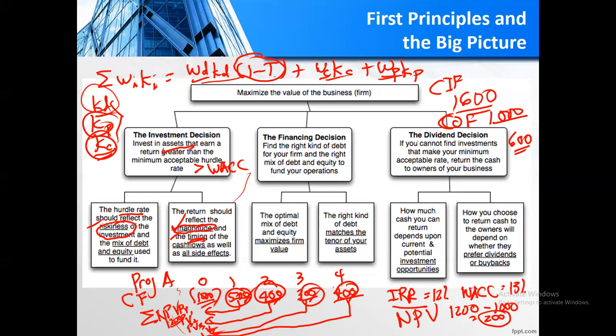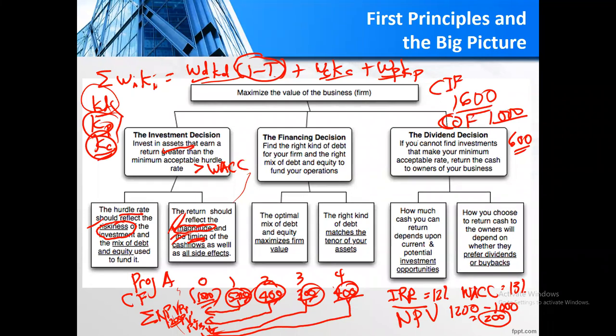If we do that, guys, we will take into consideration both the magnitude and the timing. If we only take a look at the magnitude and disregard the timing, then that will be an erroneous way to analyze your project. So take note, these are all cash flows, they are not profits.